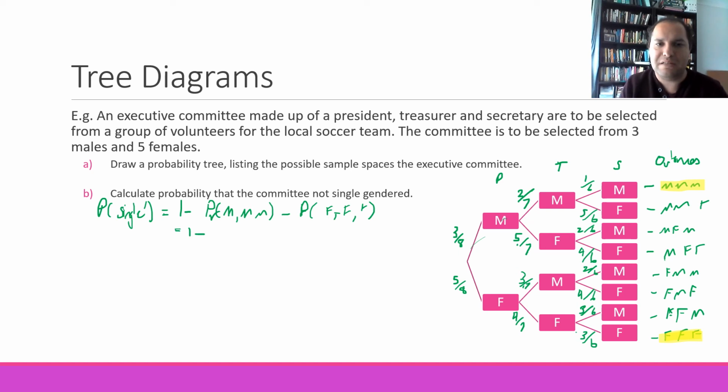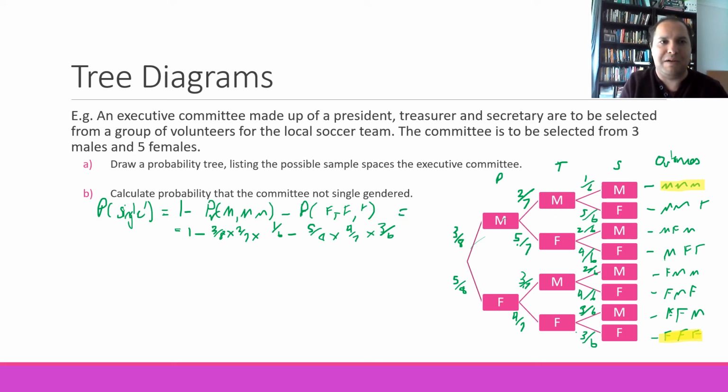So that'll be 1 subtract, for our 3 males, 3/8 times 2/7 times 1/6, and then for our all-female committee, 5/8 times 4/7 times 3/6.